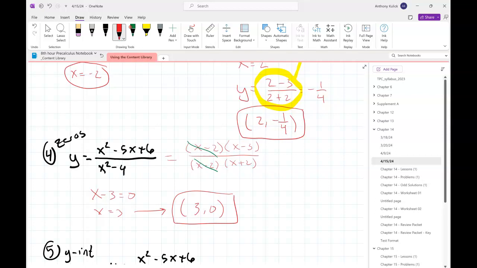Where do you want me to start? At the beginning. Okay. Domain: denominator set equal to 0. Your domain is everything except for those values. Vertical asymptote, reduced denominator set equal to 0.